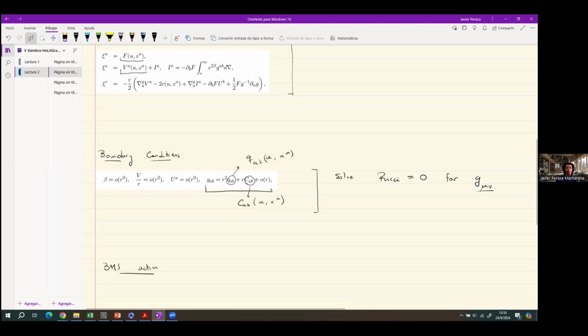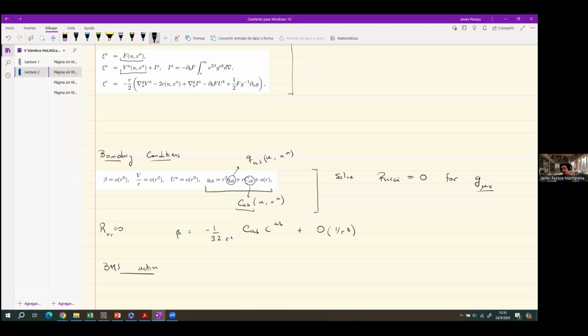Okay, so I'm going to show you just, for example, what happens. If we solve, for example, the component RR of Ricci, so R_RR equal to 0, then beta will be a function of the C_AB. So it will be something like 1/32 R squared C_AB, okay, plus order 1 over R cubed.